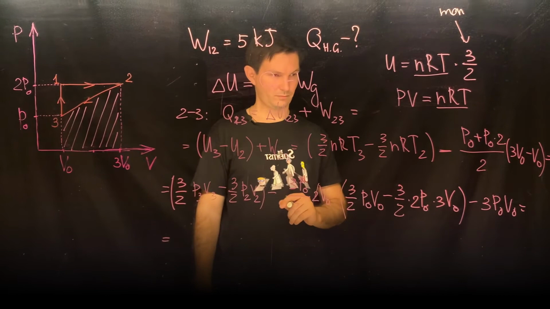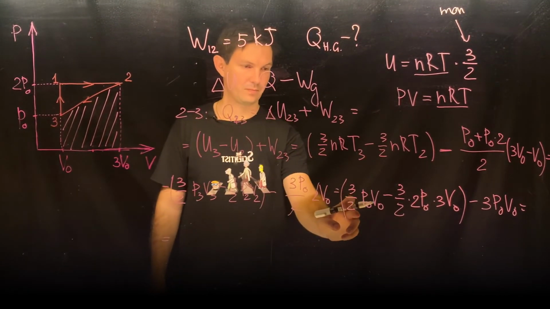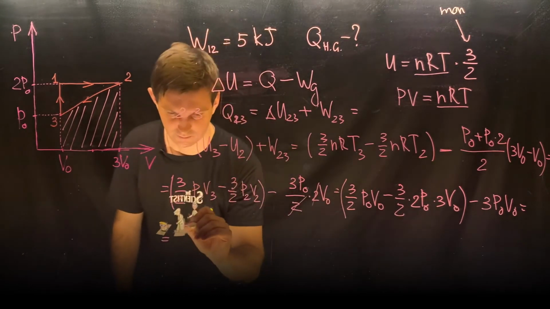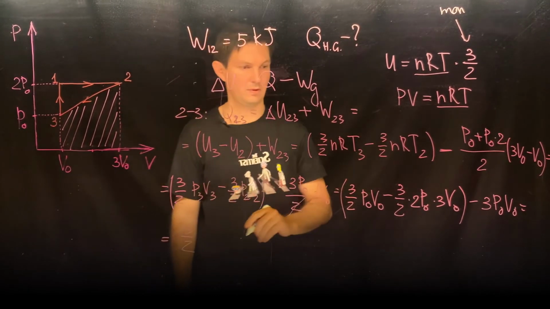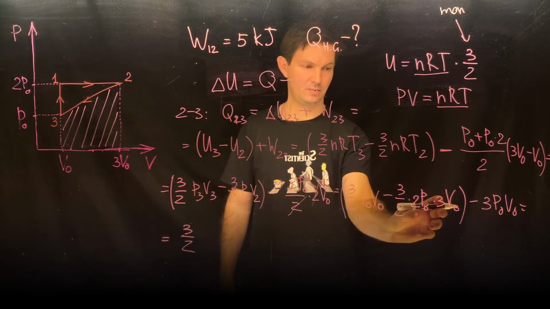So in our case it will be 3/2 P0 V0, and here is 6P0 V0.